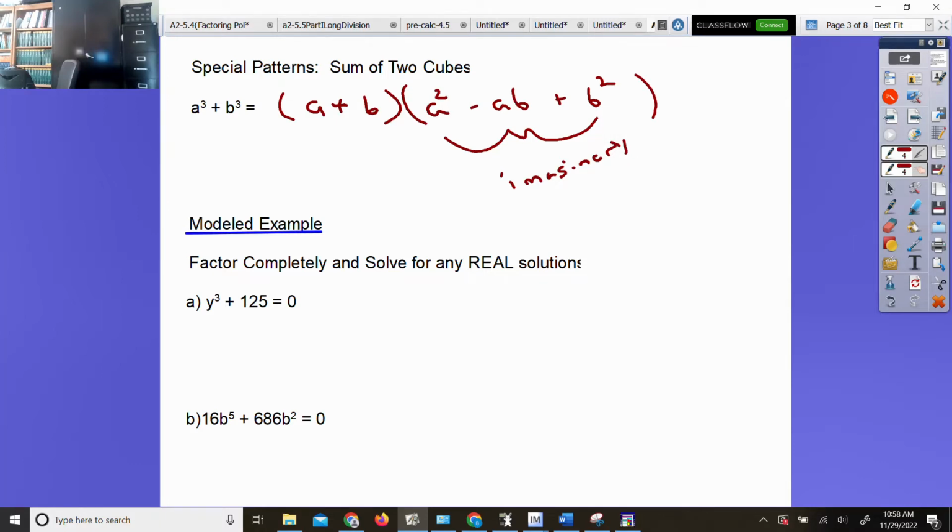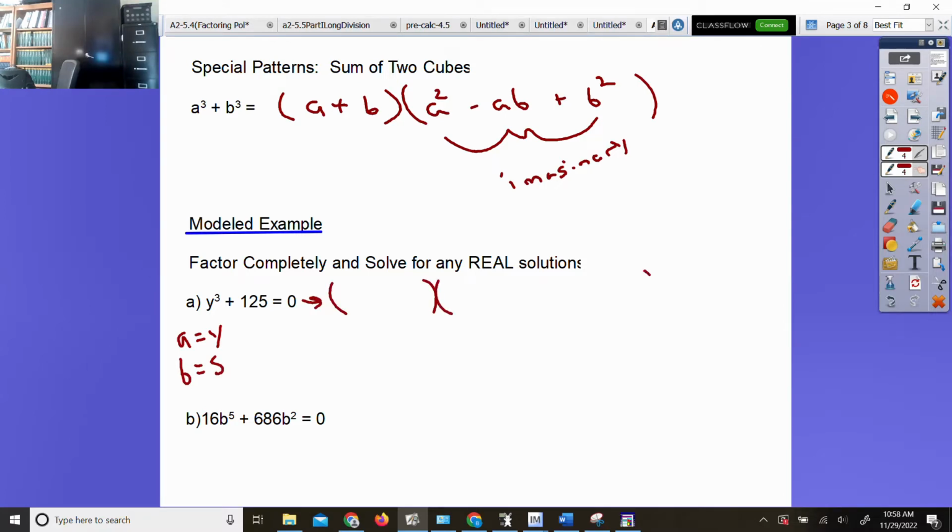All right. Let's see what's up with this one. Factor completely and solve for any real solutions. This is y cubed plus 125. What do you cube to become y cubed? Y. There's letter A. What do you cube to become 125? So B is 5. Then you just plug in your formula here.